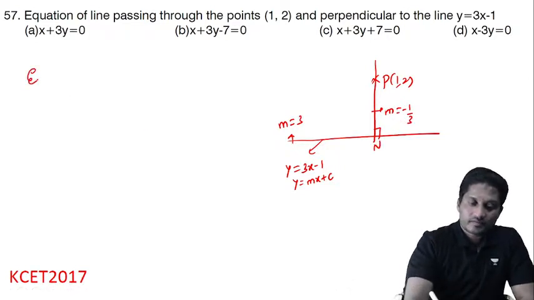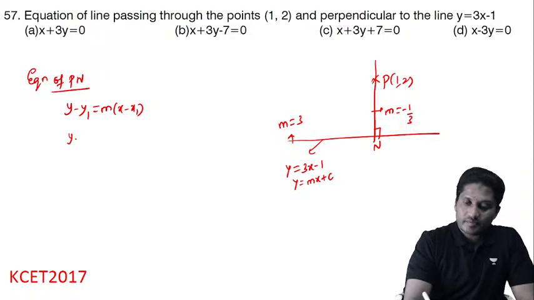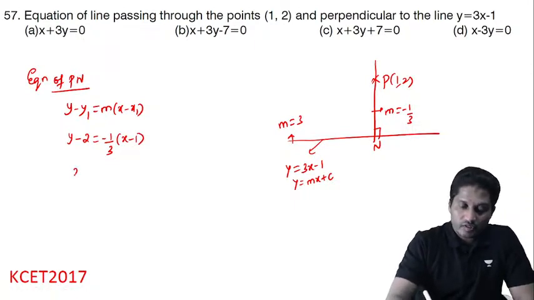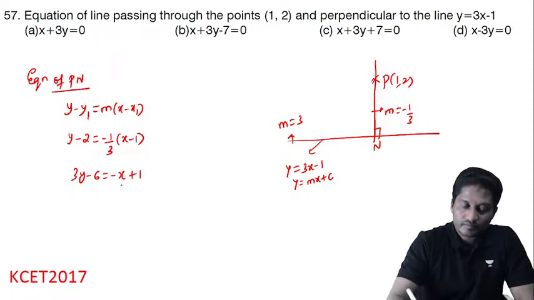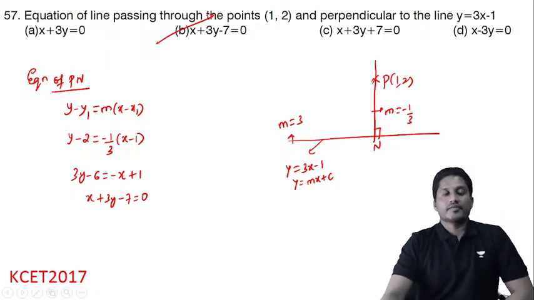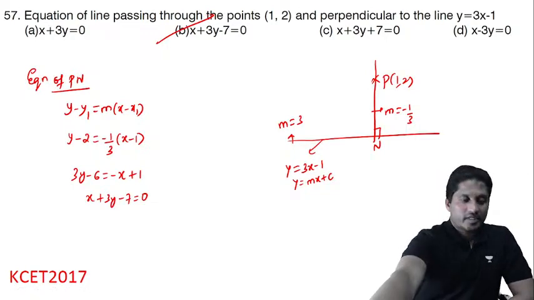Equation of line will be y minus y1 equal to m into x minus x1. You will get y minus 2, slope is minus 1 by 3, x minus 1. So if I cross multiply, you get 3y minus 6 is equal to minus x plus 1. That is x plus 3y minus 7 equal to 0. That is the equation of the line, guys. Let's move to the next question.